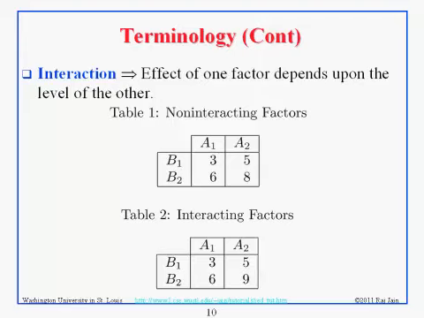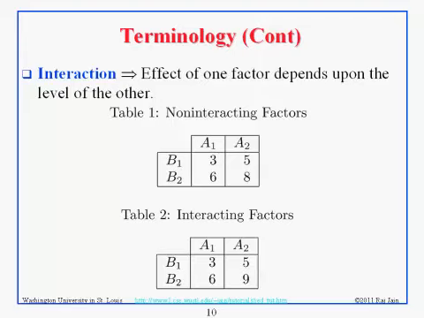Right? So we cannot just make a statement about A. We have to say, well, depends. For A, you have to tell me whether B is B1 or B2. If B is at level 1, then the effect is 2. If B is level 2, then the effect is 3. Alright? So you cannot make an independent statement about factor A.